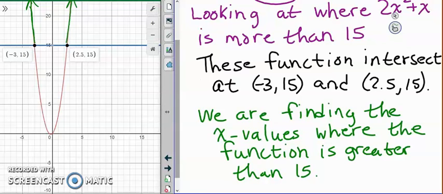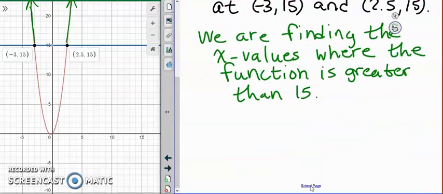So here, what we're going to look at is pretty much our domain. So we'll find our x values. And I'm going to write this here. Finding our x values, our domain, where the function is greater than 15.